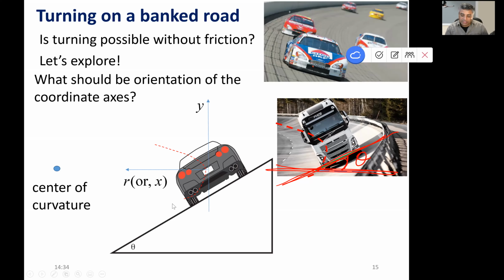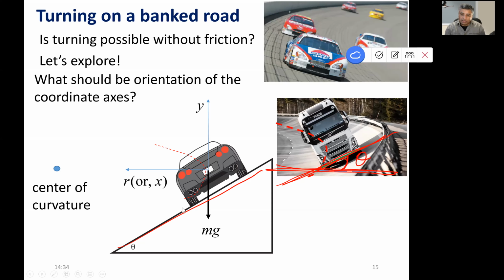But we know when something is on an inclined plane, there is a normal force. There is the force of gravity, right? Those forces are there. And there can be friction, but here we are not using friction. We are assuming friction is negligible.